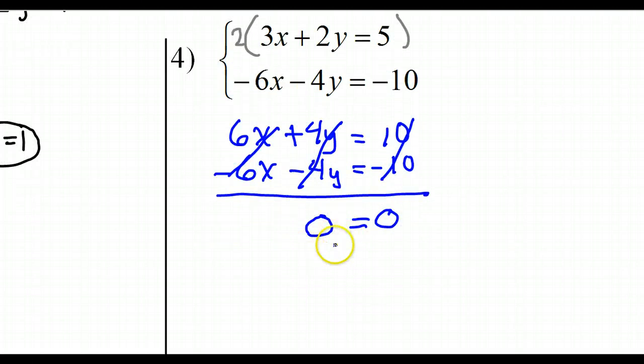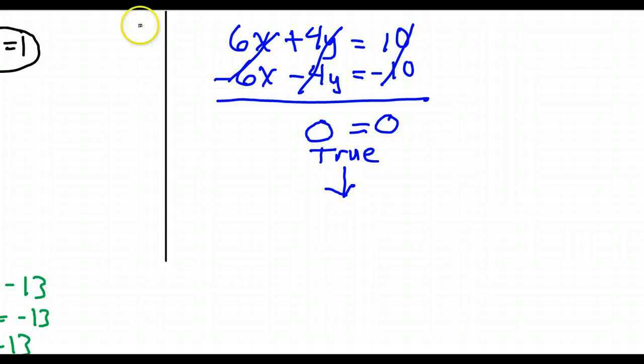Okay, but the way I know what the answer is depends on whether this is a true statement or a false statement. 0 does equal 0. So because this is a true statement, I know that the answer is going to be infinitely many solutions. Okay, I feel like typing that.